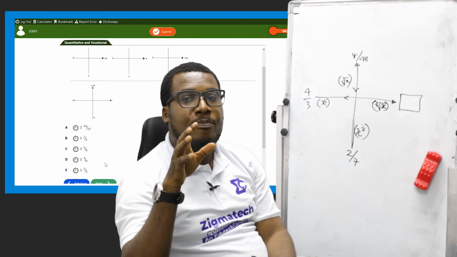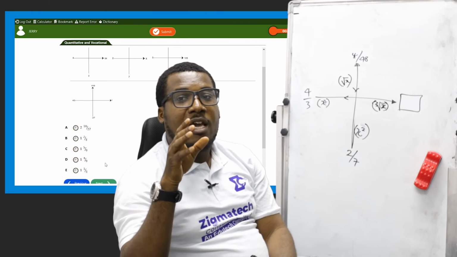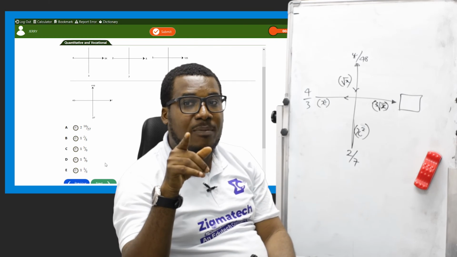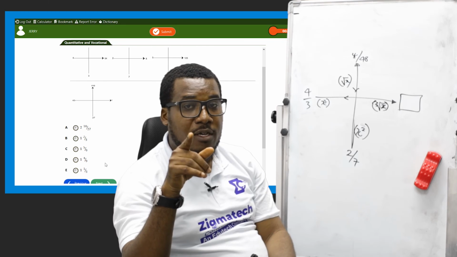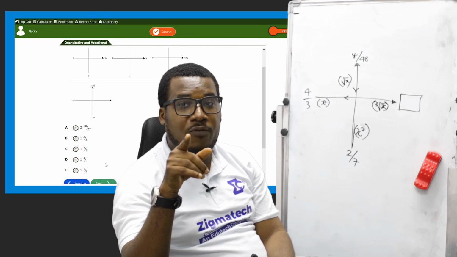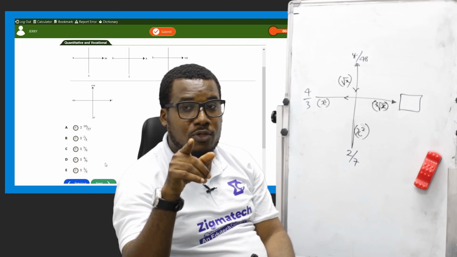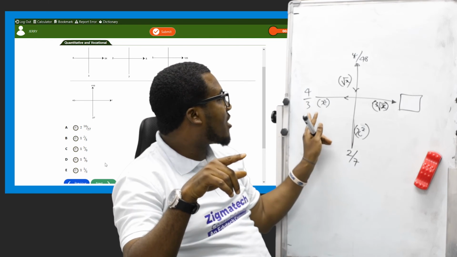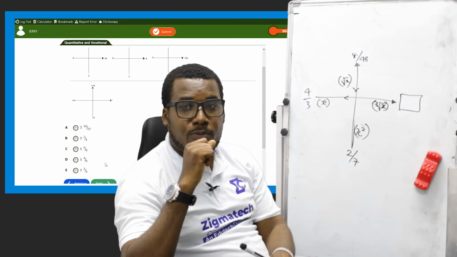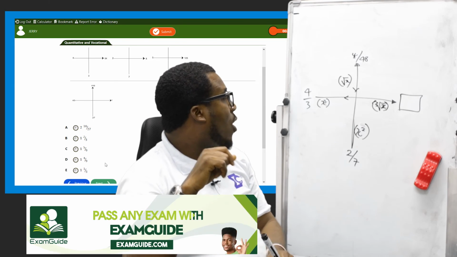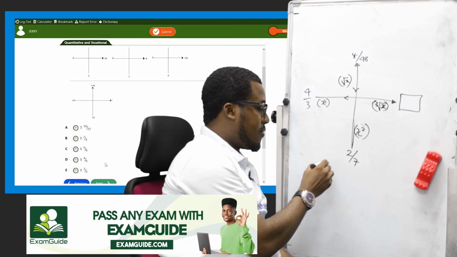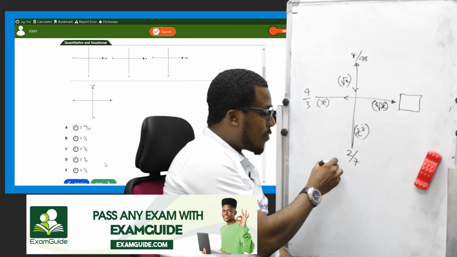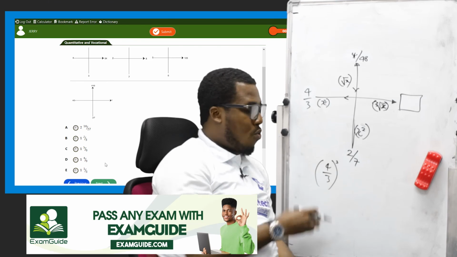First things first, take a look at the figure. In fact, in this case, you will need to apply multiplication of fractions. If you cannot do the square root very well, or the cube root, multiplication of fractions is needed. Now they're asking us, going forward, we know is cube. So what is the cube of 4 over 3? So let's just put it this way and start solving. What's the cube of 4 over 3?